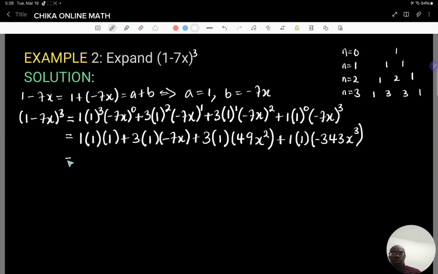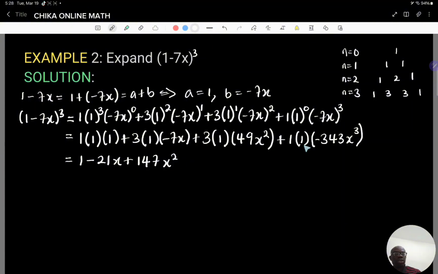Which is equal to 1 times 1 times 1 is 1, then 3 times 1 is 3, and 3 times minus 7 is minus 21. Then we bring down the variable x. Plus 3 times 1 is 3, and 3 times 49 is 147. Then we bring down the variable x squared.